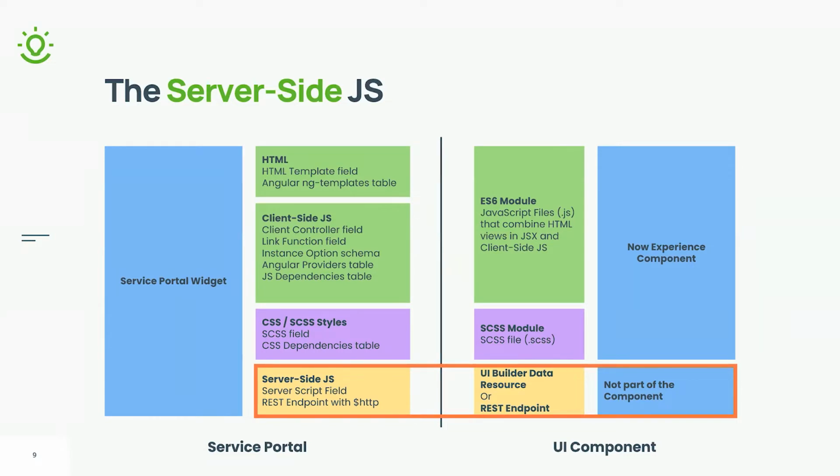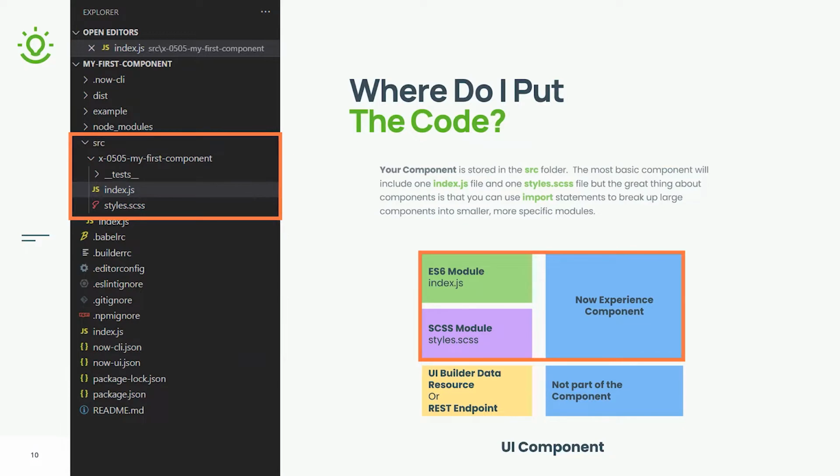Basically, you can use UI Builder data resources or REST endpoints with the HTTP effect, but you really won't have the actual server code stashed in your components. Your components are strictly client-side.